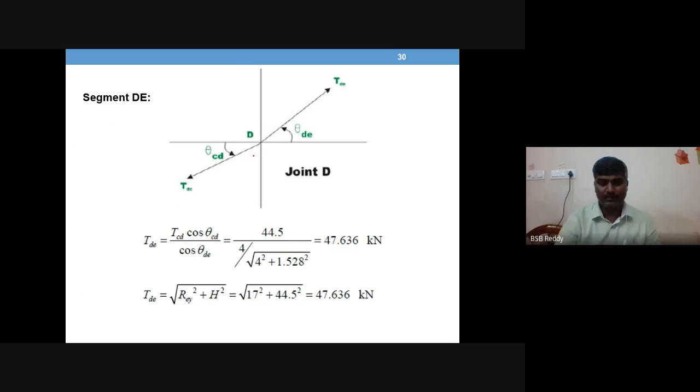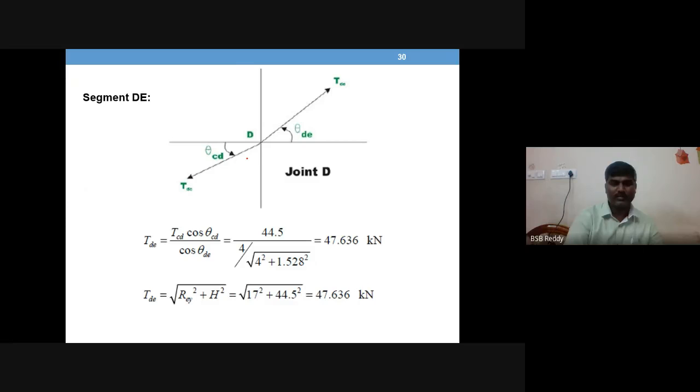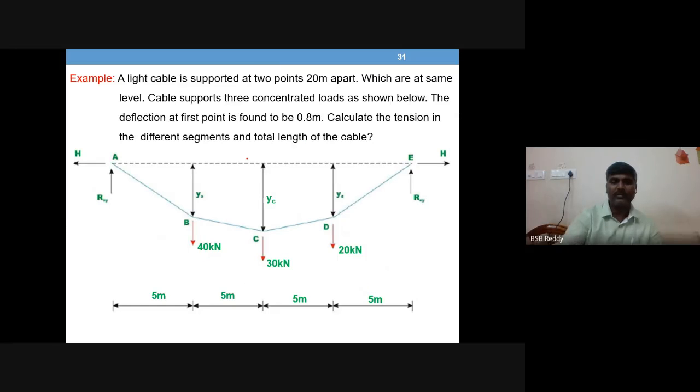Similarly, joint D: you can draw the free body diagram from joint D. Then joint E. Once cable tension DE is known, either you can use joint D for this or directly take E. The same concept applied at A can be applied here. There is a horizontal force and a vertical force, and there is a cable here.